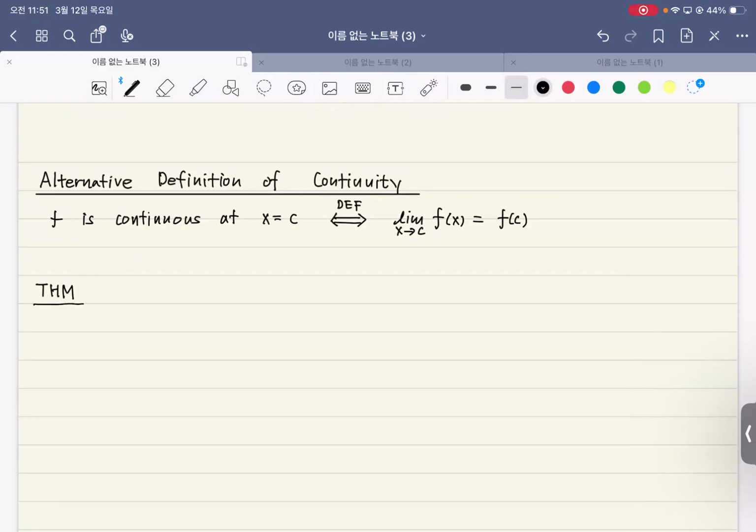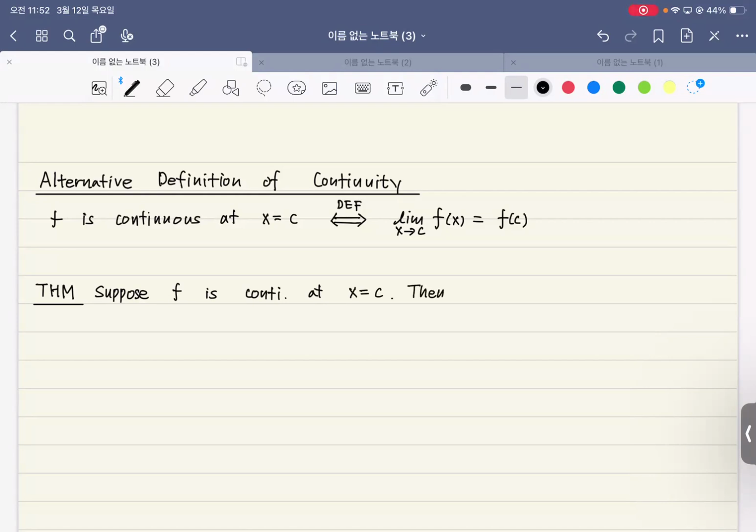Now, for the rest of today's lecture, we want to consider the relation between the convergence of a sequence and the continuity of a function. Suppose that f is continuous at point c.